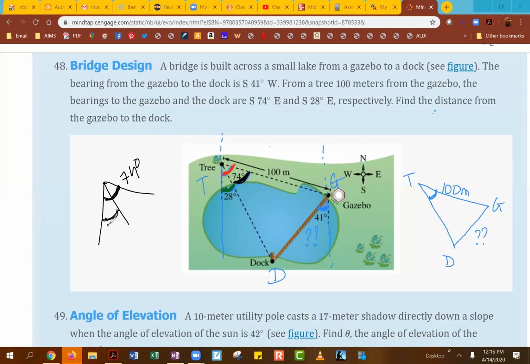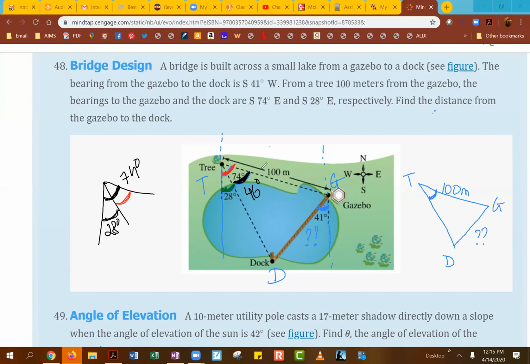Oh, okay, I get it. The image is misleading for me, I guess. So what would this be? 46 degrees. Yeah, that's what I'm looking for. Okay, 46 degrees on the inside.